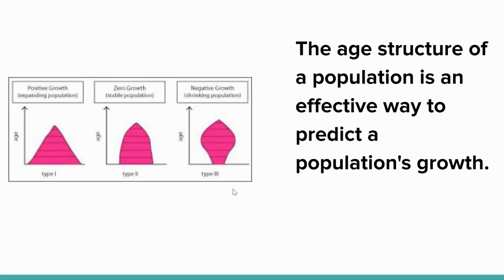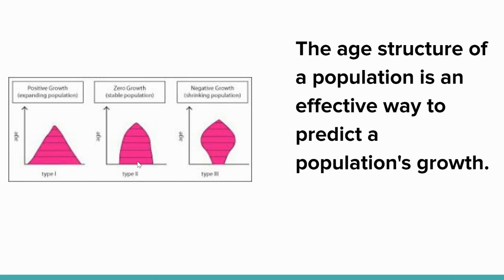The age structure of a population is an effective way to predict a population's growth. If it looks like a triangle, that's positive growth. You notice we start off at the bottom, and there are a lot of people, and as you go up, which only makes sense, the older you go, the fewer people there are of that age group.